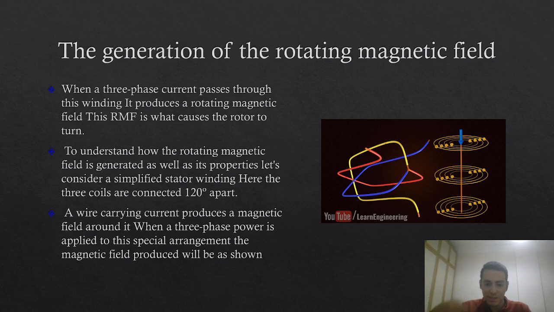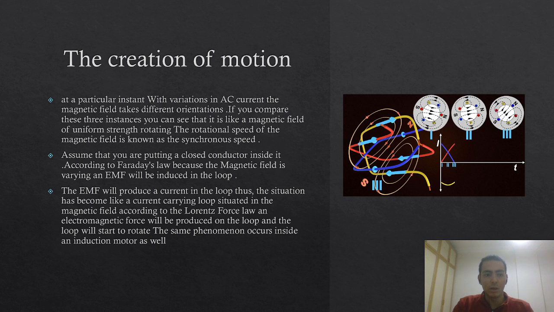When three-phase power is applied to this special arrangement, the magnetic field produced will be as shown. At a particular instant, with variation in AC current, the magnetic field takes a different orientation as the polarity changes.